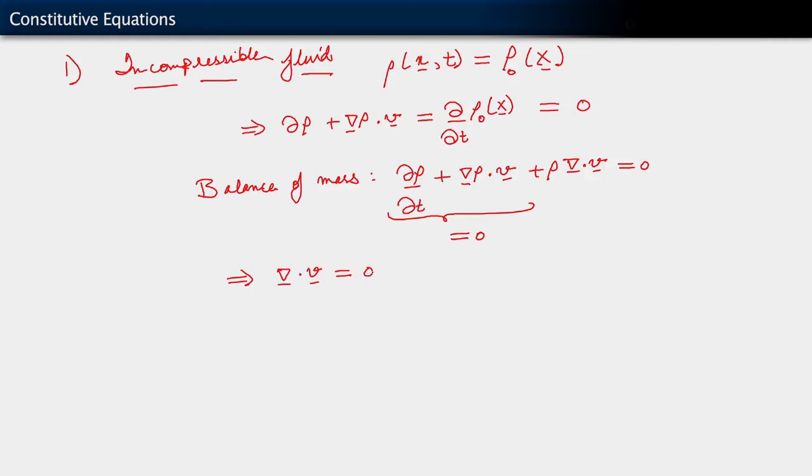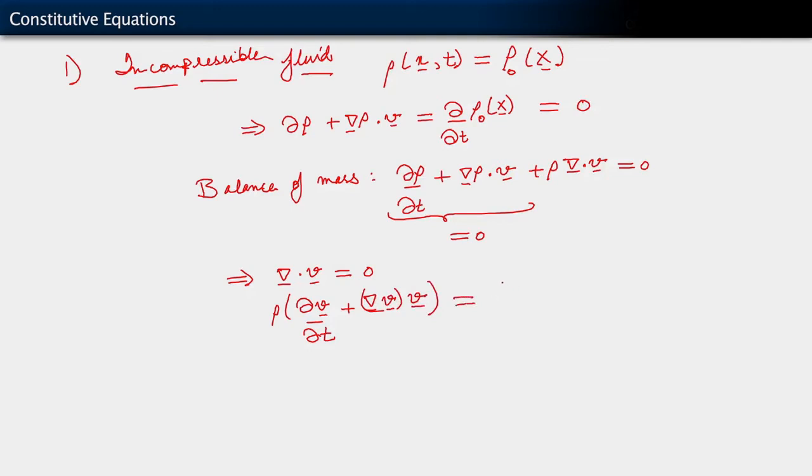And then their balance of linear momentum becomes rho times the material time derivative of the spatial velocity equals the divergence of sigma, plus body force.